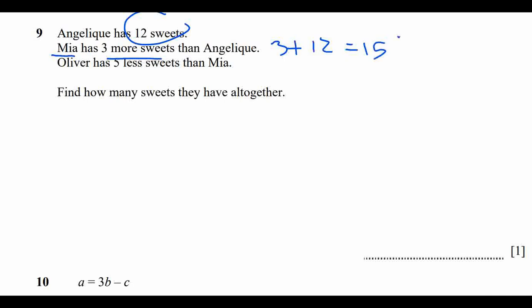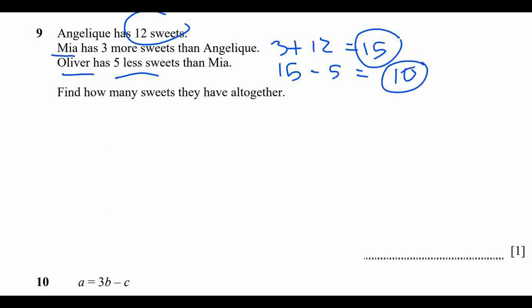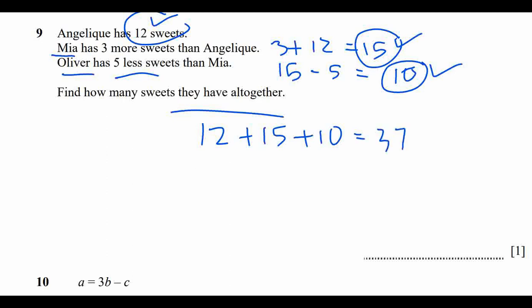So Mia is 15. Now Oliver in here has 5 less than Mia. So 5 less means 15 minus 5, Oliver will have 10. So altogether is 12 plus 15 plus 10 equals 37.